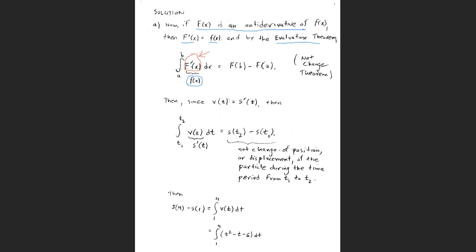But by the evaluation theorem, the integral from a to b of the derivative of your antiderivative function is just equal to the antiderivative evaluated at b minus the antiderivative evaluated at a. This is known as the net change theorem, and it's basically recognizing that we can write the derivative of our antiderivative for the function f of x. Okay, let me give you a moment to copy that.